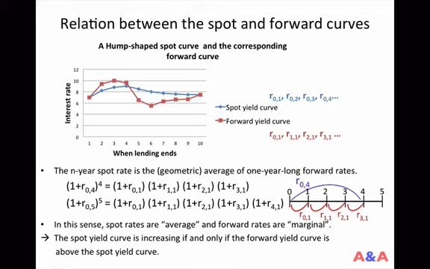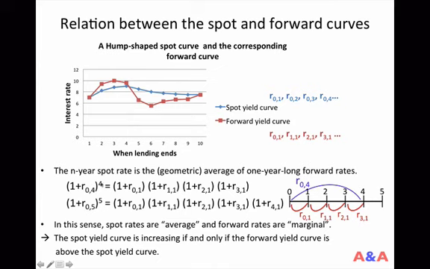Again, this is a no-arbitrage argument, and because of that, 1 plus the 4 year long spot rate to the power 4 should be equal to 1 plus R01 times 1 plus R11 times 1 plus R21 times 1 plus R31. If you take the fourth root of both sides, you'll see that the 4 year long spot rate is the geometric average of these 4 forward rates.